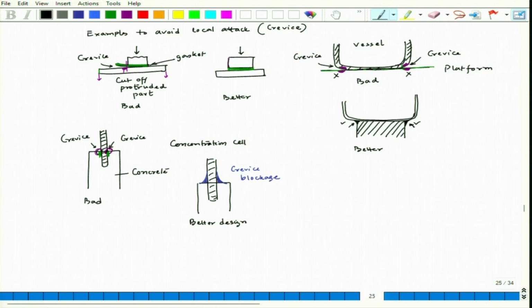Now, again, let us say we are doing a spot welding.